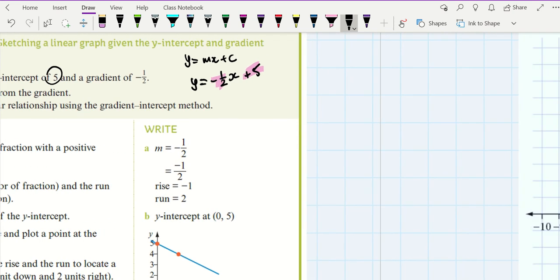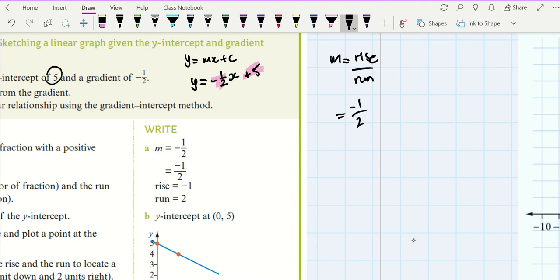So let's just think about gradient. We said that gradient equals rise over run. In this case we've got negative half. Now the best way to think about this is negative 1 over 2.